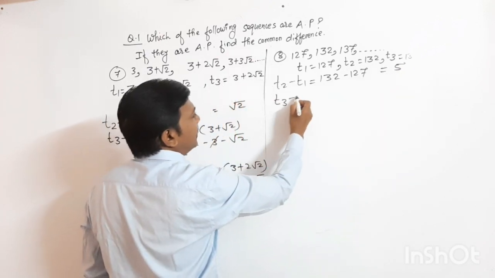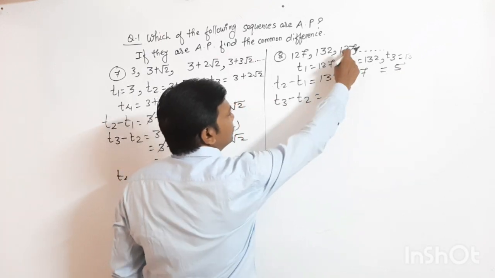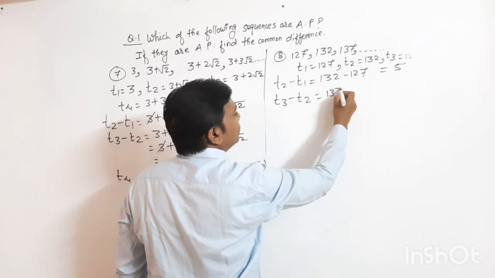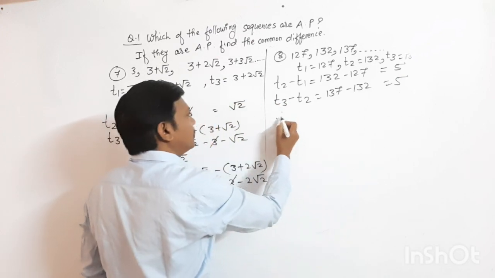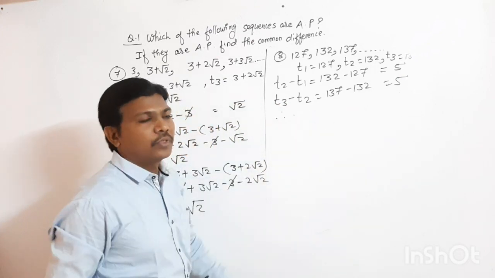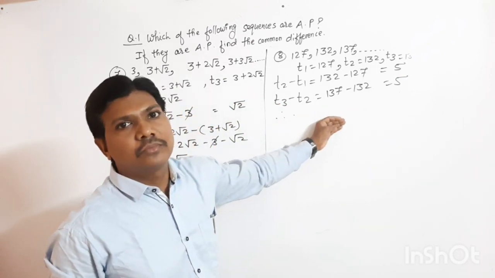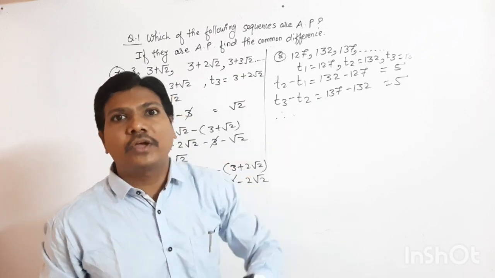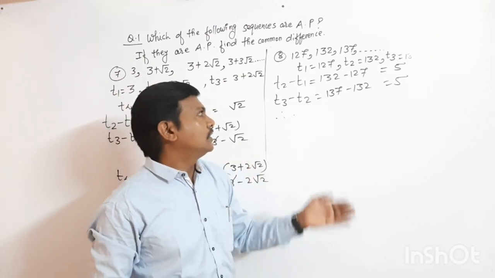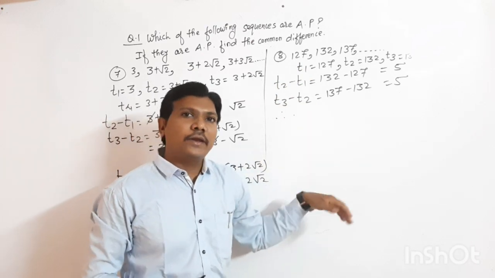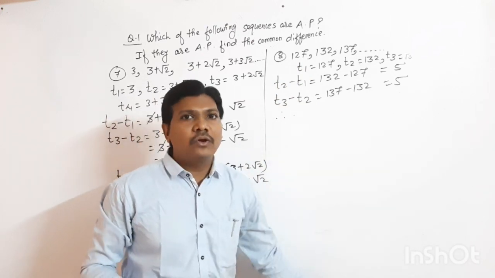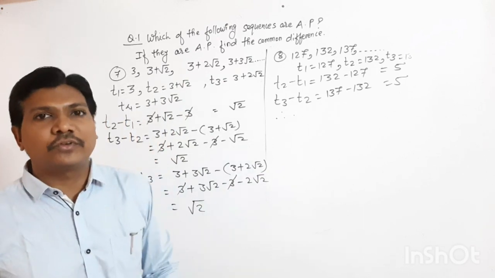Then T3 minus T2. Again see, third term, that is 137 minus 132. Again it is 5. So here we write the difference between two consecutive terms is constant. Therefore, the given sequence is an AP. So write down all these steps and complete the questions.